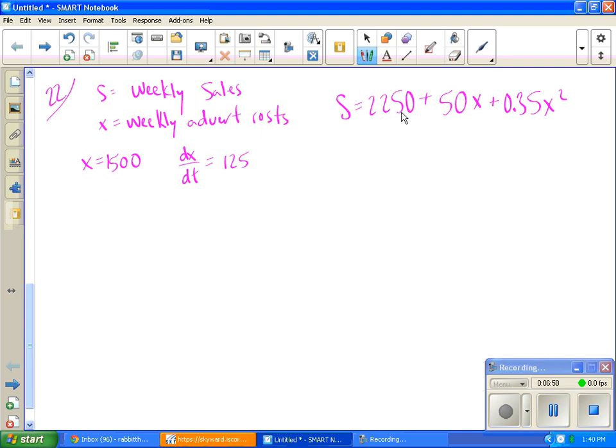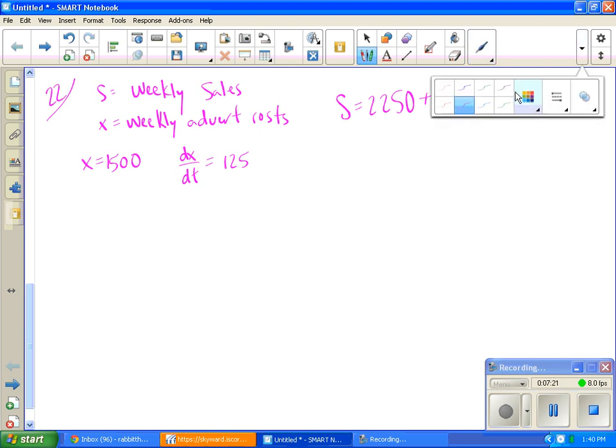So could everyone come up with these if it's on the test? Okay. dx/dt, it tells me that the costs are increasing at a rate of 125. And I know my costs are my x. So whenever it's increasing or decreasing, that's a d-something/dt, okay?